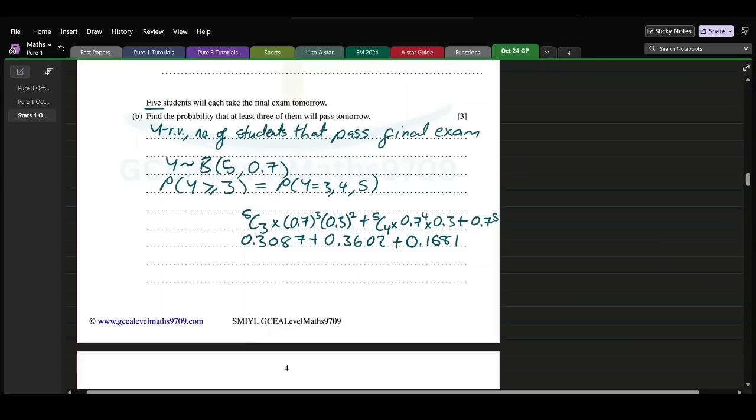That's 0.3087 plus 0.3602 plus 0.1681, and this gives us 0.837. So we can conclude that the probability that y is greater than or equal to 3 is 0.837, and that's our final answer.